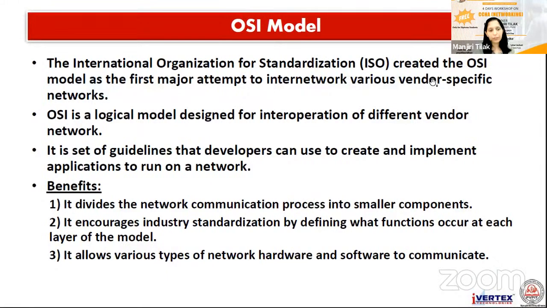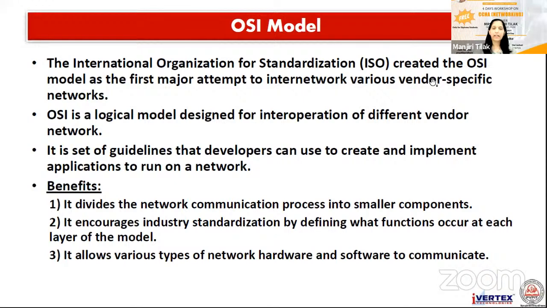Very first benefit of OSI reference model is it divides your network communication process into smaller components. So if you know how OSI works, it is easy for you to understand the communication process of a network between two systems. Means whenever you request any data, right, from one system to other, actually behind the scene, what process happens, it is explained by this OSI reference model.